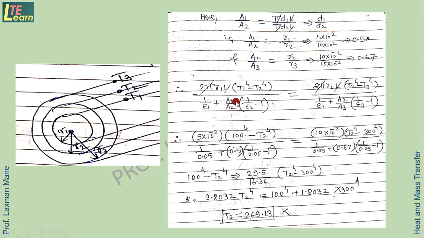Left side has A1 A2 areas, right side has A2 A3 areas. These are the emissivities. So putting all the values mentioned here in this expression, we have to find temperature T2, that is the middle layer temperature. By the calculation we find this T2 temperature in Kelvin.